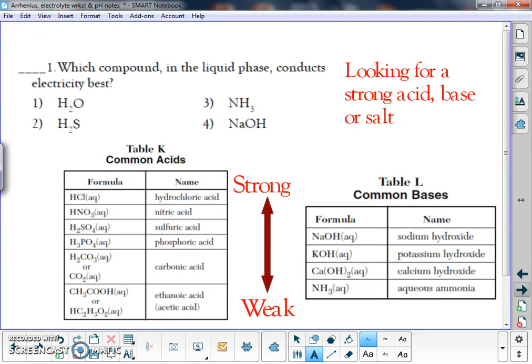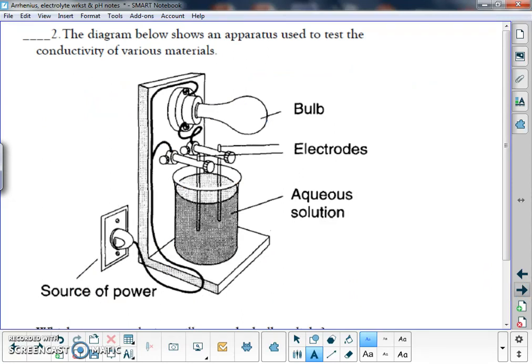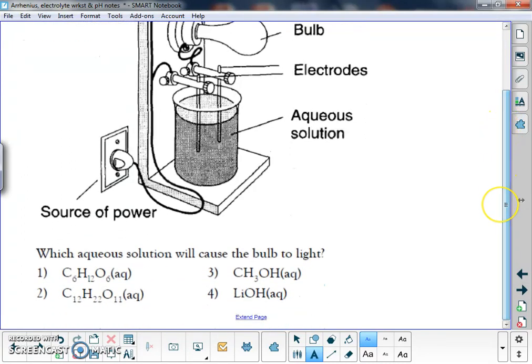Number 1, looking for something that conducts electricity. You're looking for either an acid, base, or a salt, and your answer is number 4. This here shows you an apparatus that determines the conductivity. You'll see this occasionally. The aqueous solution must contain an electrolyte. That's number 4.